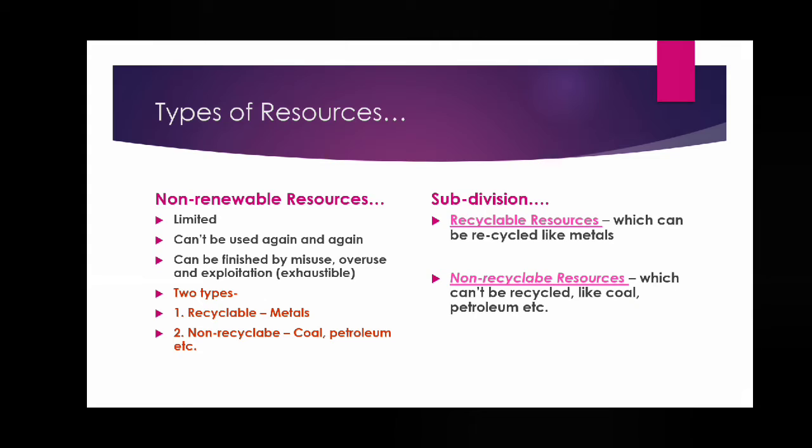Clear? You can recycle it, but it is not renewed, it is not reproduced. The difference is clear. The second is non-recyclable, like coal. Coal is burned one time, you cannot think about recycling. Petroleum is burned one time, you cannot think about recycling. So there are two types of non-renewable resources: recyclable and non-recyclable.